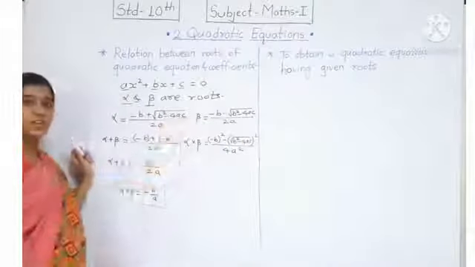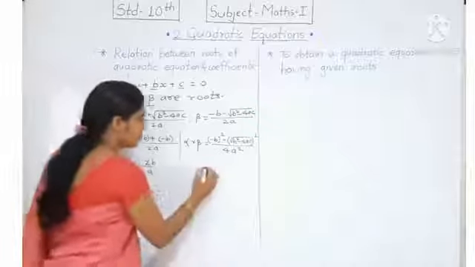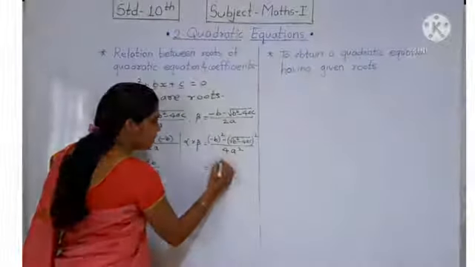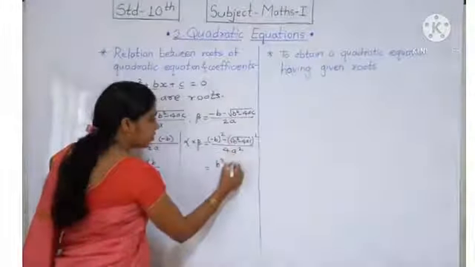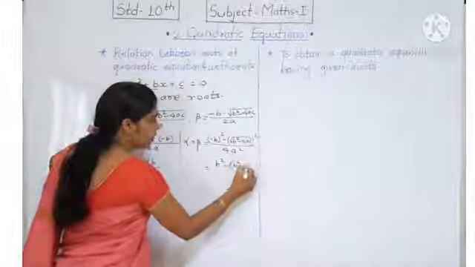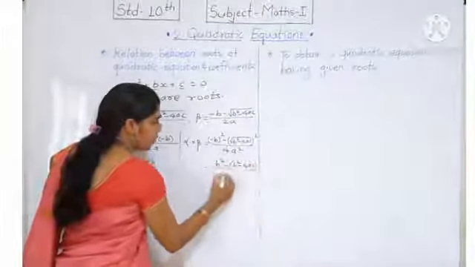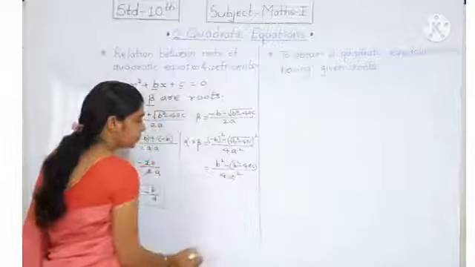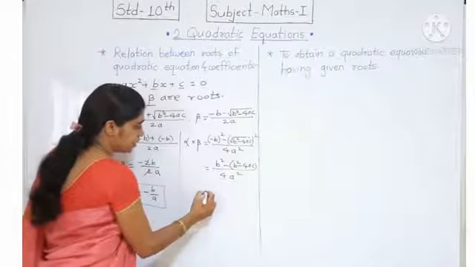This calculation is given in the textbook also. So minus b square is b square, and the square root of this gets cancelled. B square minus 4ac upon 4a square. What remains here? C.